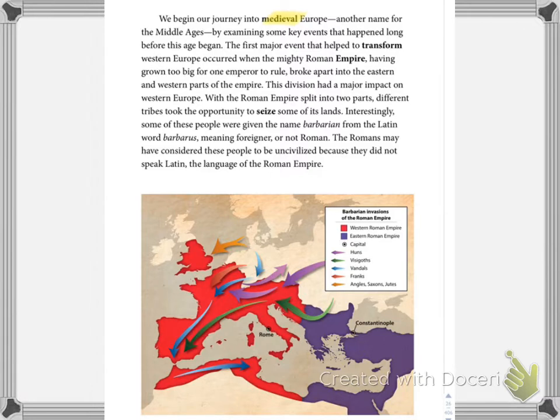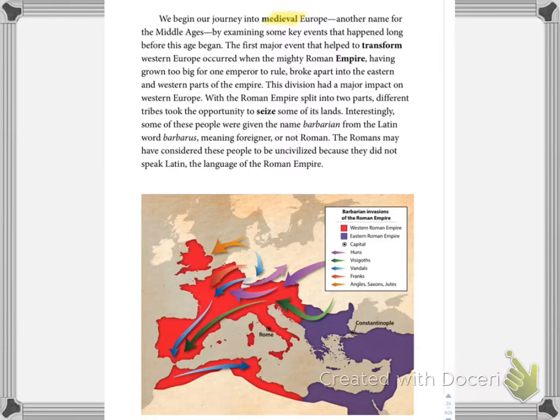All right. The first major event that helped transform Western Europe occurred when the mighty Roman Empire, having grown too big for one emperor to rule, broke apart into the eastern and western parts of the empire. This division had a major impact on Western Europe.